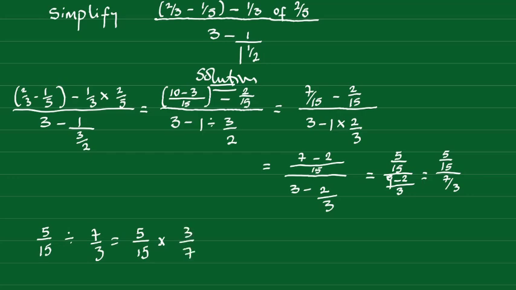This is because we're converting our division sign to multiplication. Now, having done this, 3 cancels itself, 1, and 3 cancels 15, we have 5. 5 here, 1. We end up having 1 over 7 as our answer. Thank you.